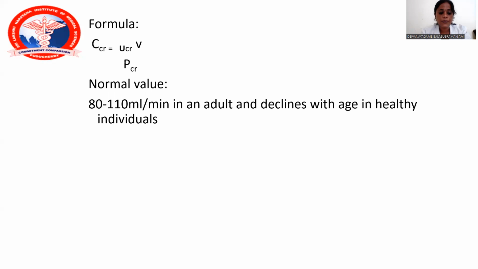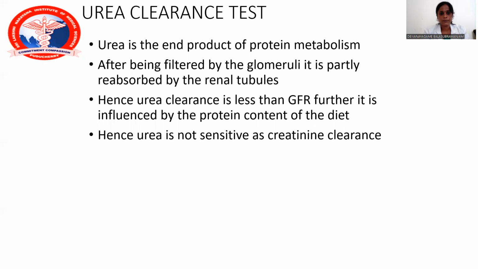The formula: C, the clearance of creatinine, is equal to U creatinine times V divided by P creatinine, where U creatinine is the urinary concentration of creatinine, V is the flow rate, and P is the plasma concentration of creatinine. The normal value is 80 to 110 ml per minute in adults and declines with age in healthy individuals.